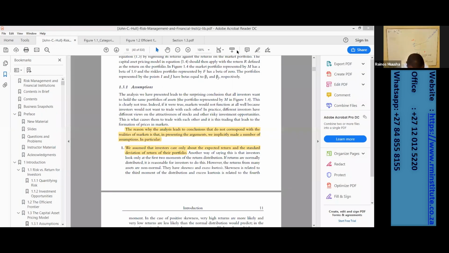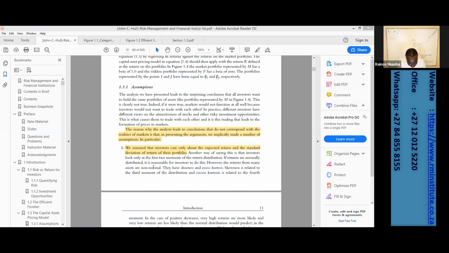The reasons why the analysis leads to conclusions that do not correspond with the realities of markets is that in presenting the arguments, we implicitly made a number of assumptions about the models we're using to calculate the expected return of the portfolio.